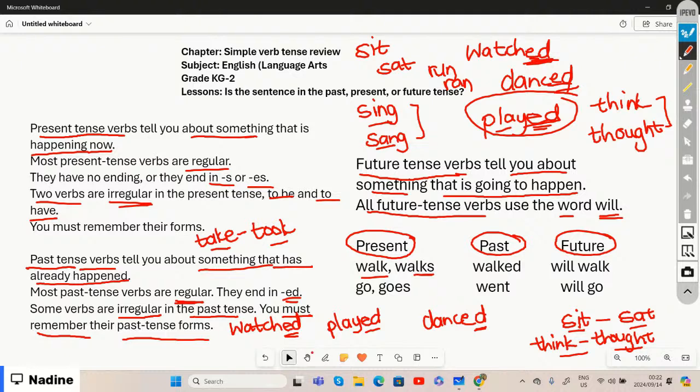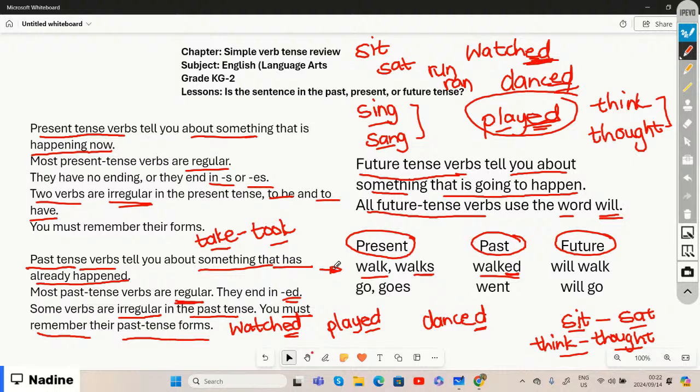In the past, which is maybe yesterday, we can say they walked to school or Elizabeth walked to school. And this is a regular past tense. It ends with an ed. So this is the regular tense.